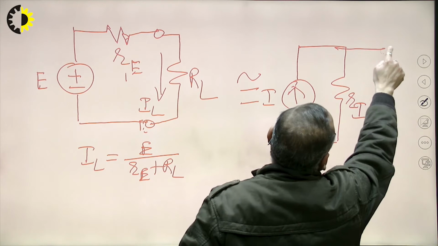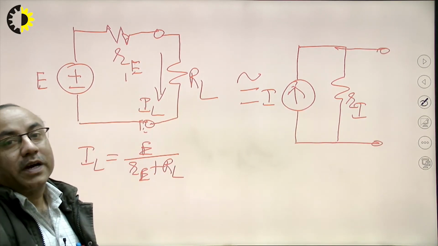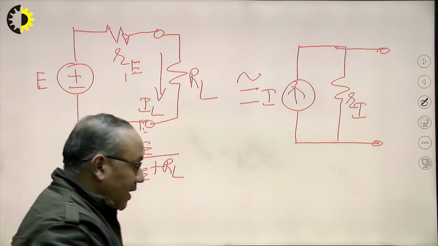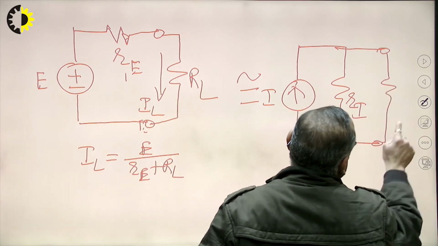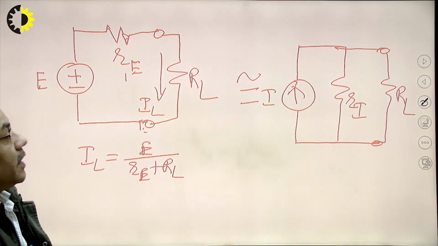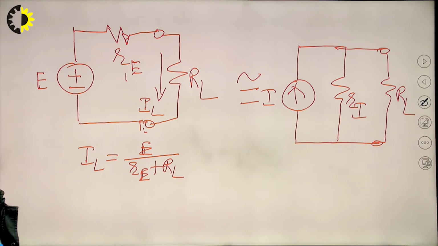Now, for the equivalency of this current source, the same value of load resistance should be connected across this current source's terminals which was connected across the voltage source terminals. That means R L should be connected here. Another thing, the current supplied to the load resistance should also be the same as in the voltage source.